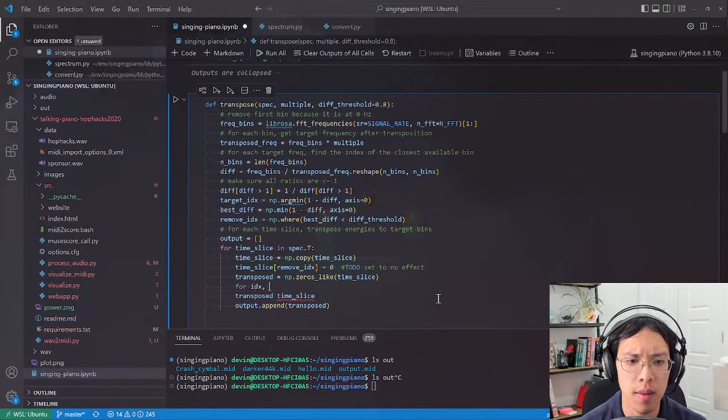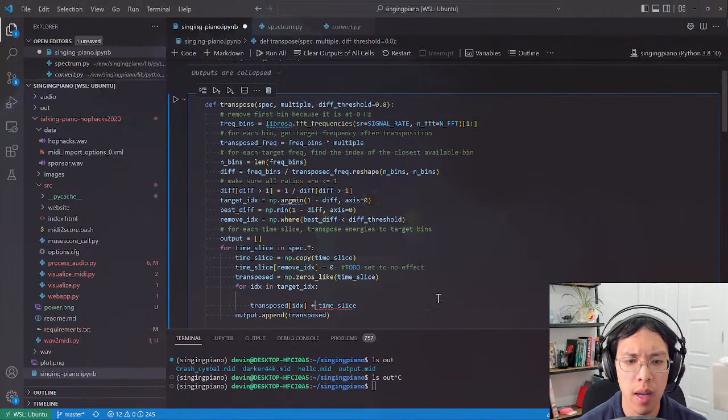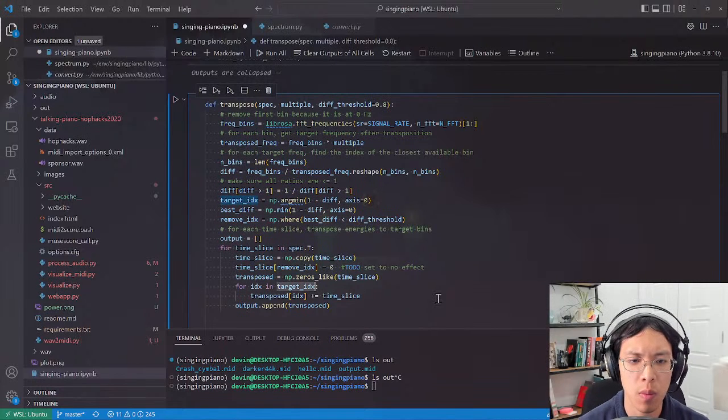And we take transpose at index, and we need to add the value at time slice. And time slice. So we need to iterate through both of these together.